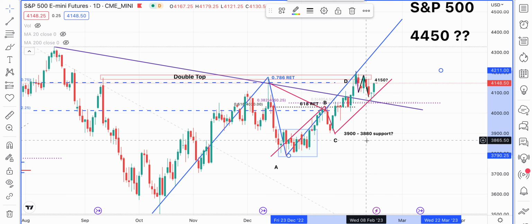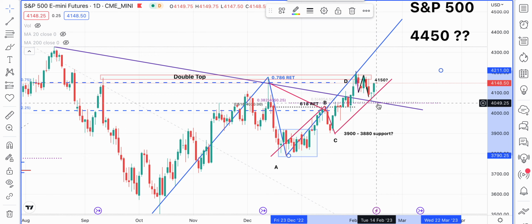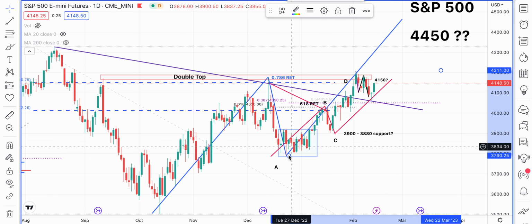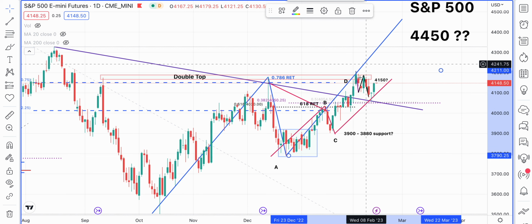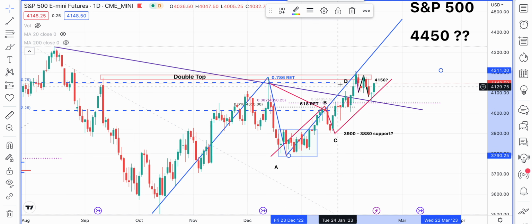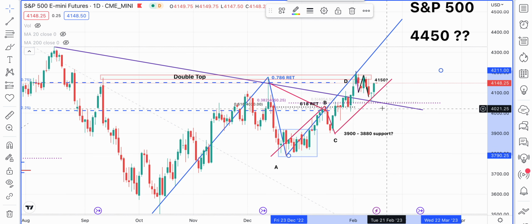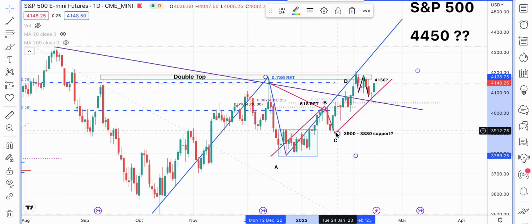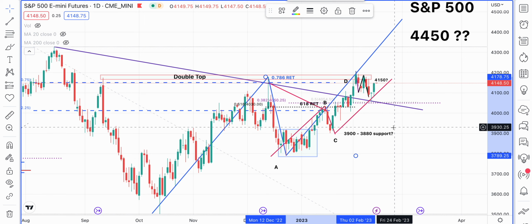However, in the previous video we had discussed a level which was 4050. 4050 was the 38.2% Fibonacci retracement of this entire leg higher from this low to this high, and also it was a confluence level coming nearby around 4030, which was the 50% retracement of this leg higher.